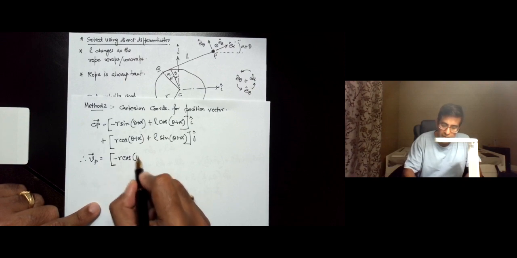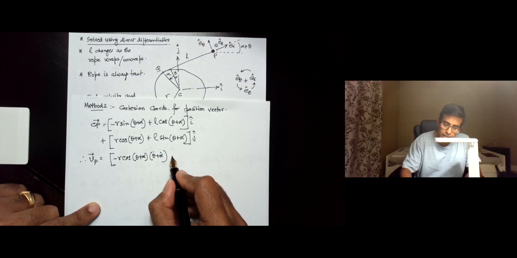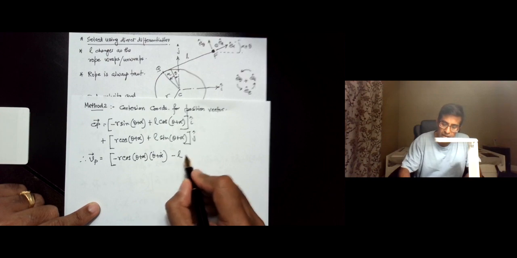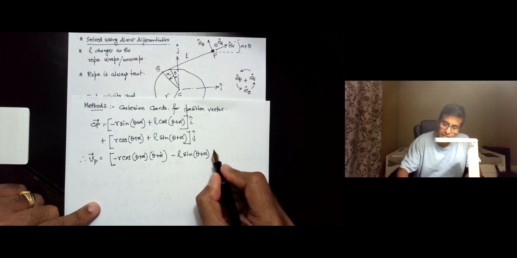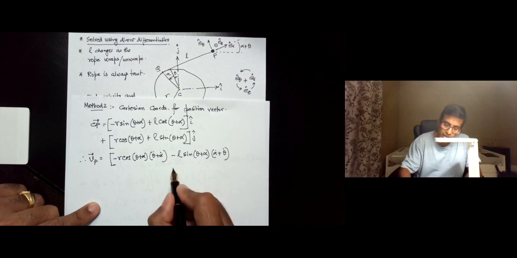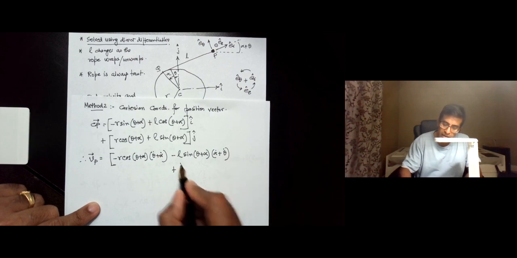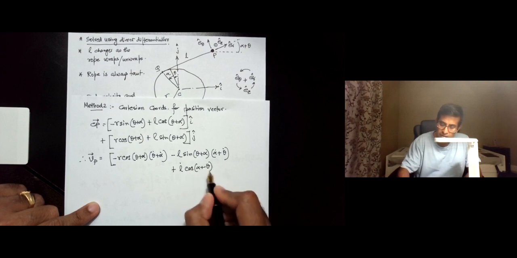minus r cosine of alpha plus theta times alpha dot plus theta dot, minus L sine theta plus alpha dot plus theta dot, plus L dot cosine of alpha plus theta.